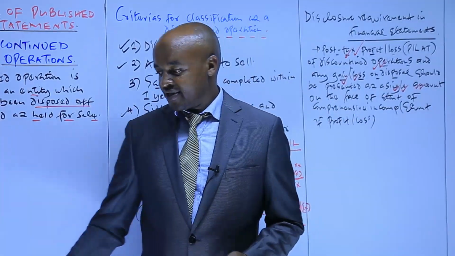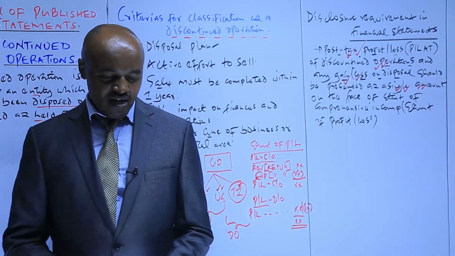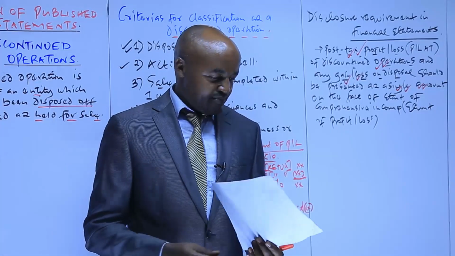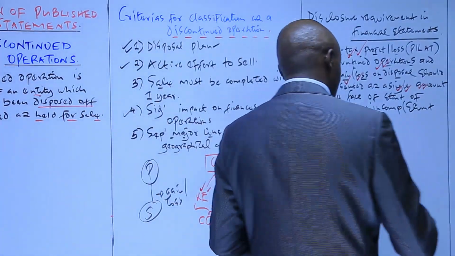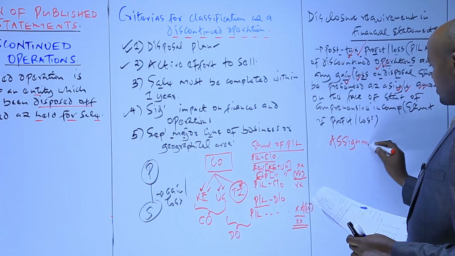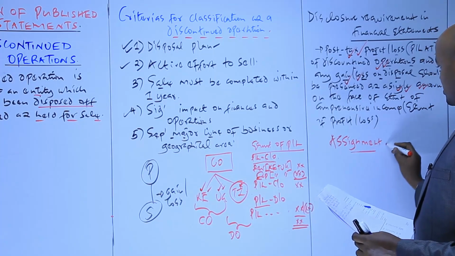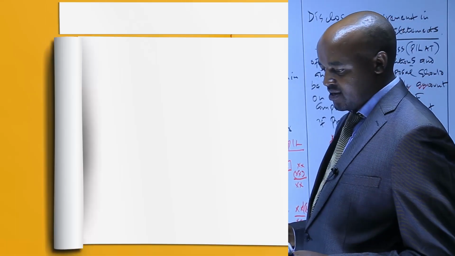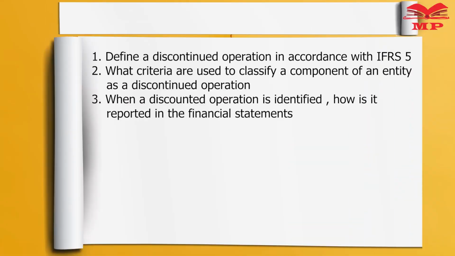So I want to give some assignment as far as this is concerned as we wind up. I have a few questions which I'll give as an assignment, so I'll just read them. The first question reads: define a discontinued operation in accordance with IFRS 5.